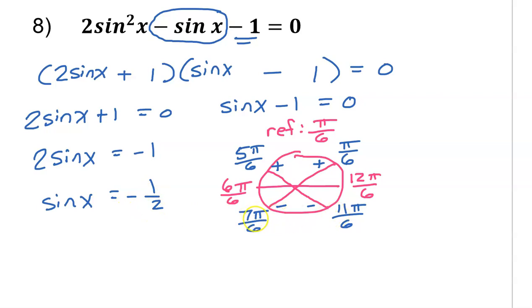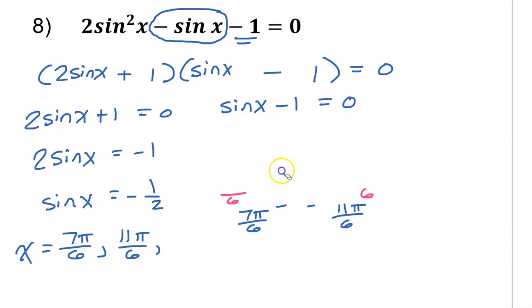So that's why the solutions will be x equals 7 pi over 6 and 11 pi over 6. Okay, so those are the solutions that we get from the left side, the 2 sine x plus 1. So I'm just going to erase this.